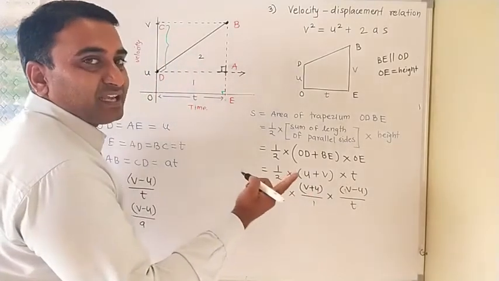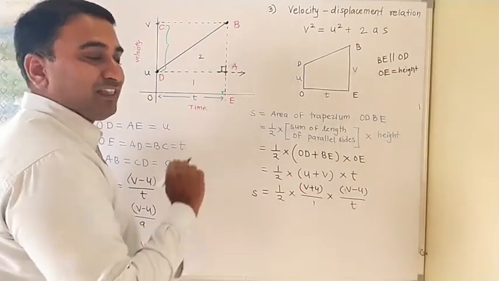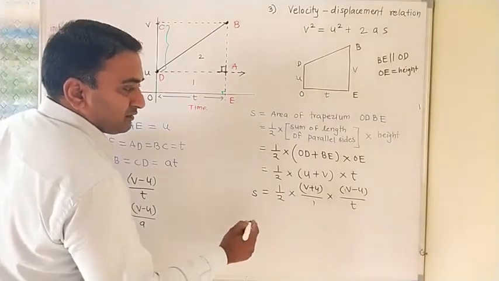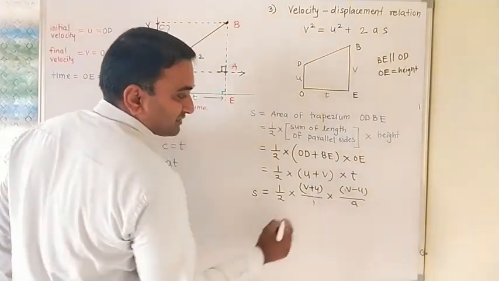That is 2 plus 3, 5, and 3 plus 2 also 5. So nothing to worry. So here we have A, acceleration.